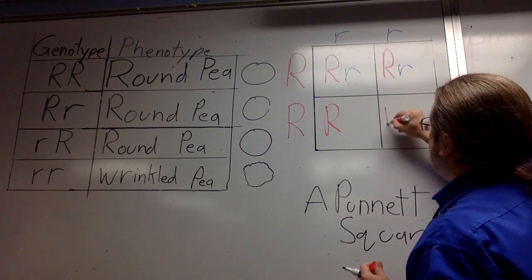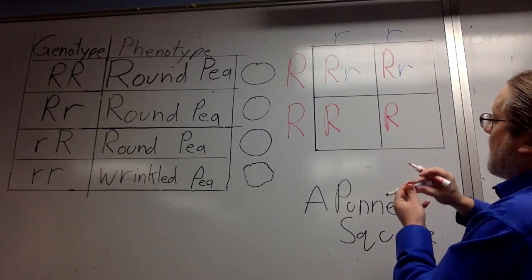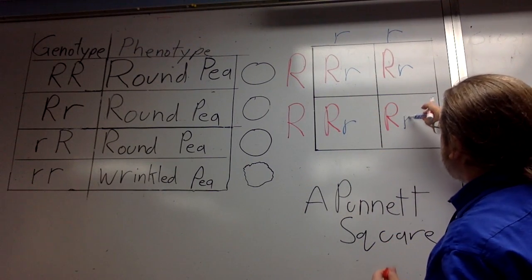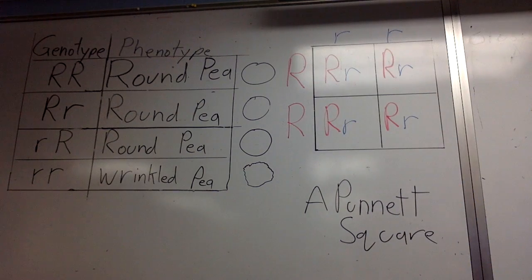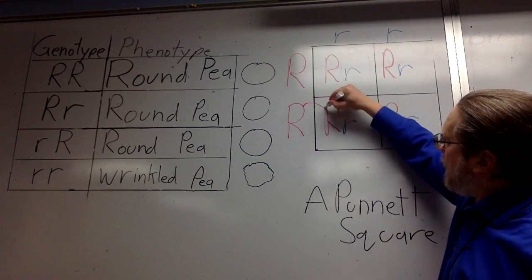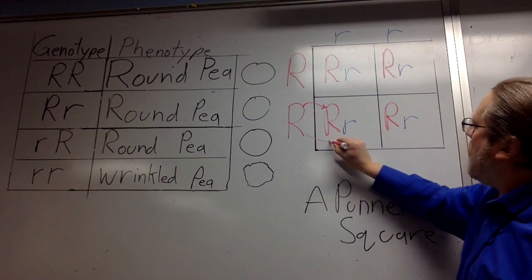Now, this could be done by showing different types of sperms and different types of eggs. But we keep our alleles nice and neat here. To know where these letters come from, I'll just do a quick show.